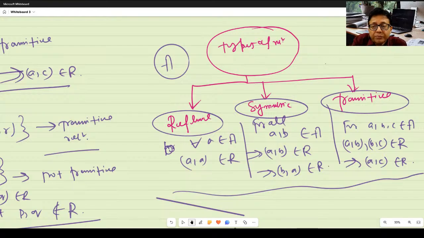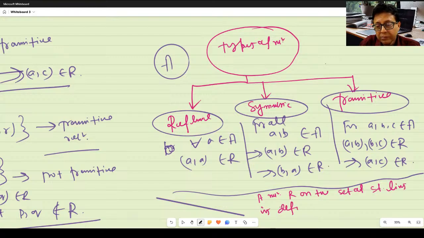Now, you have to state that the relation is "perpendicular to". Just writing the sum: a relation R on the set of straight lines is defined as follows.